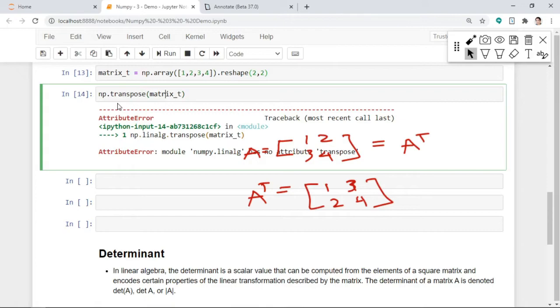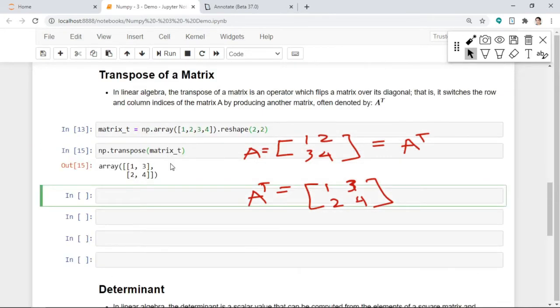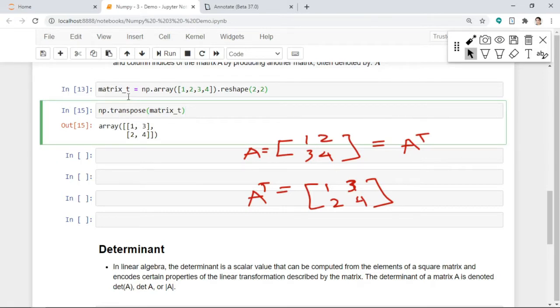Alt Enter. This is the transposition of the matrix. Sorry about the error. Sometimes my mind gets clouded about what is a function or what is a method. So np.transpose of the matrix, as you can see, from 1, 2, 3, 4.